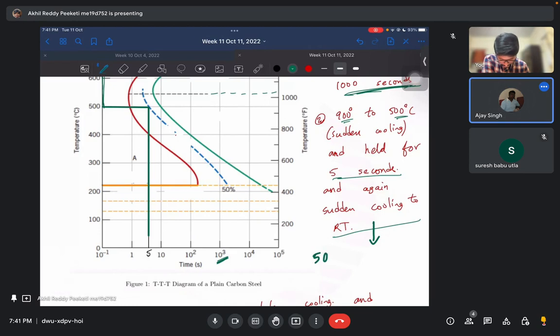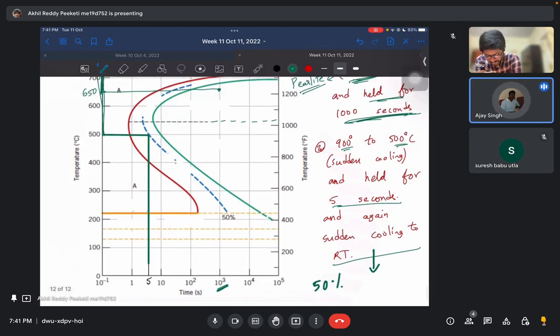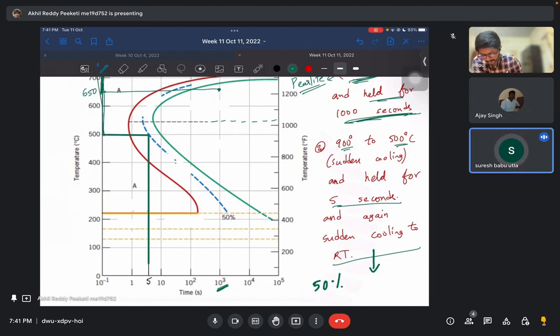Because you are allowing it to transform, it will have 50% because you are in the midline.